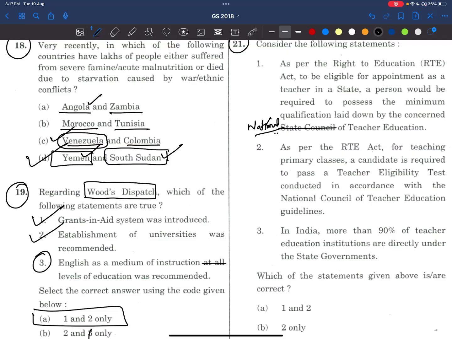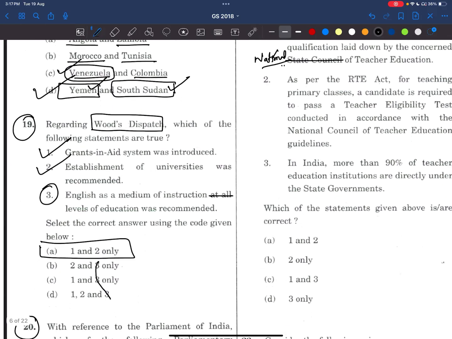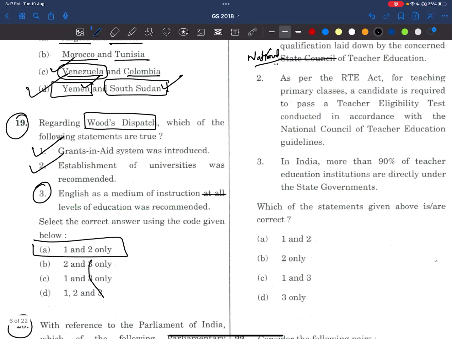So the first statement is wrong. Now, as per the RTE Act, for teaching primary classes, a candidate is required to pass a Teacher Eligibility Test conducted in accordance with the National Council for Teacher Education guidelines. Yes, friends, and this TET exam is conducted by the respective state governments. So this statement is correct.